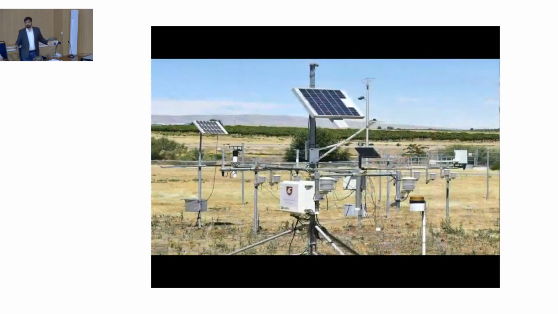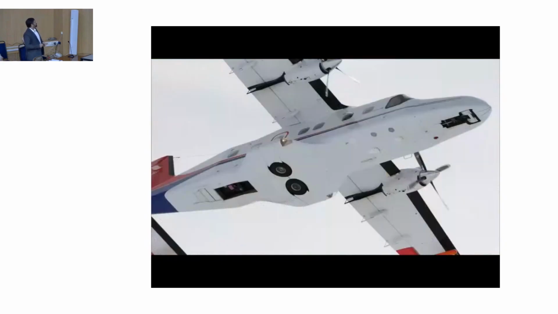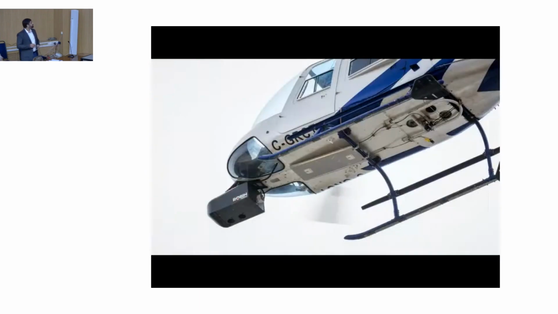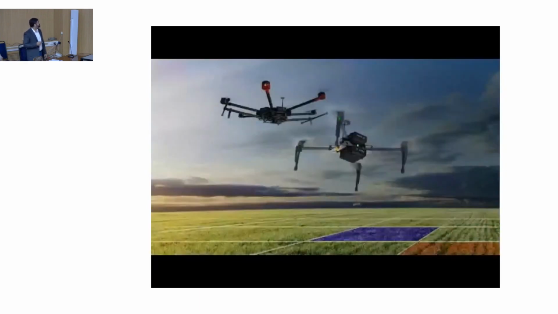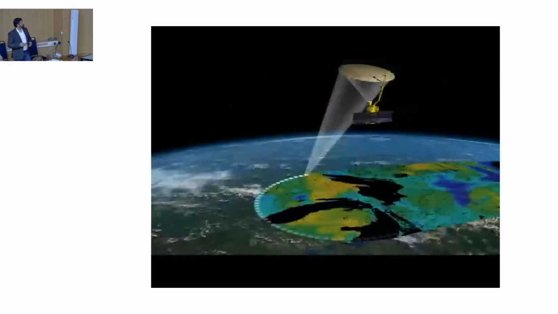And of course, the regular weather stations that we all get information from on our phones, right? You can also have sensors mounted on planes to monitor the health of these crops, or it could be helicopters, drones, large or small, or it could be by satellites.